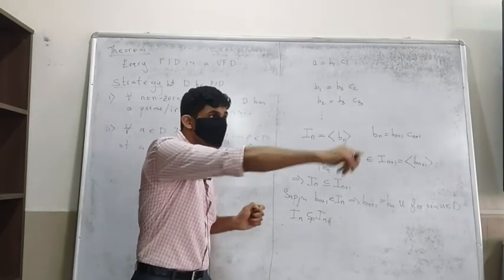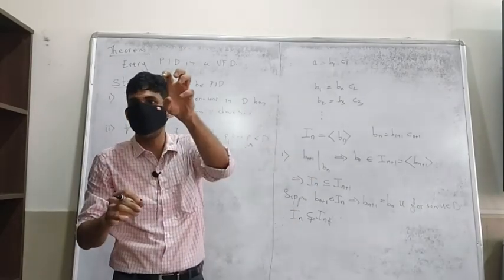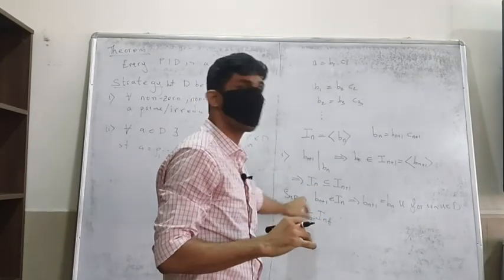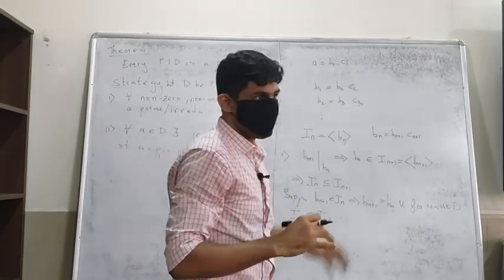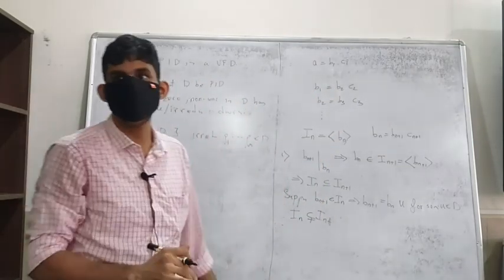Therefore the sequence is not going to become constant ever. All of them are properly contained, hence the sequence is never becoming constant. But by the lemma we know that any increasing sequence of ideals should be ultimately constant in PIDs.